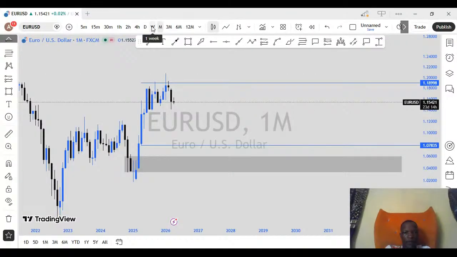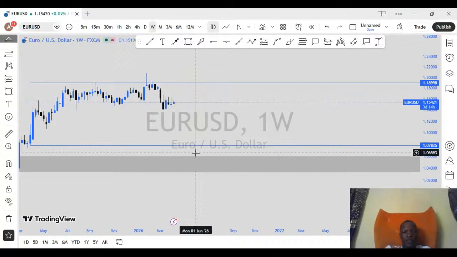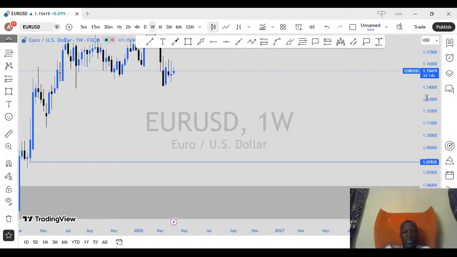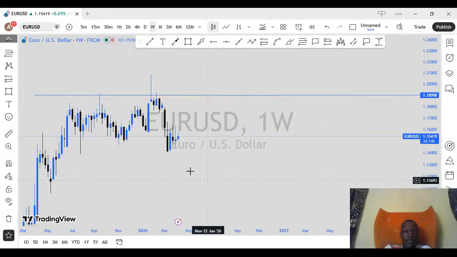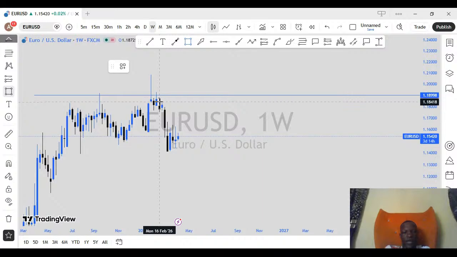So that's our monthly time frame. From our weekly time frame, we know that market is coming here, right? But we don't want to wait till market reach here, we want to do something. So we will do a counter trend to sell this market, which we have this last supply zone here.